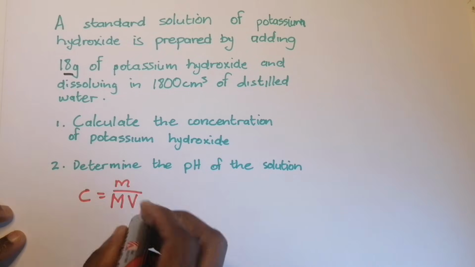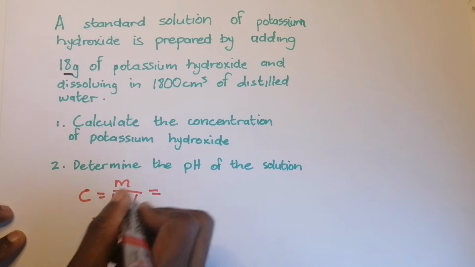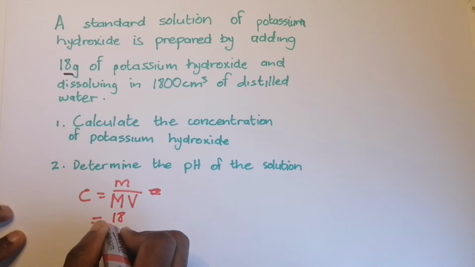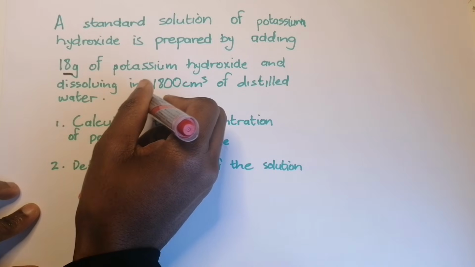What's my mass? That's 18 grams. What's my molar mass? That's where I need to go to the periodic table and ask, what's the formula for potassium hydroxide? I know that potassium hydroxide is KOH.